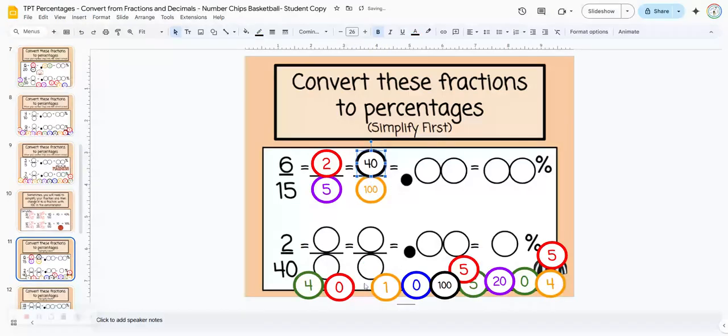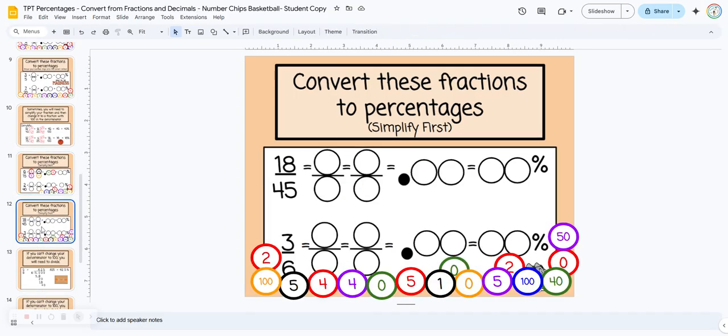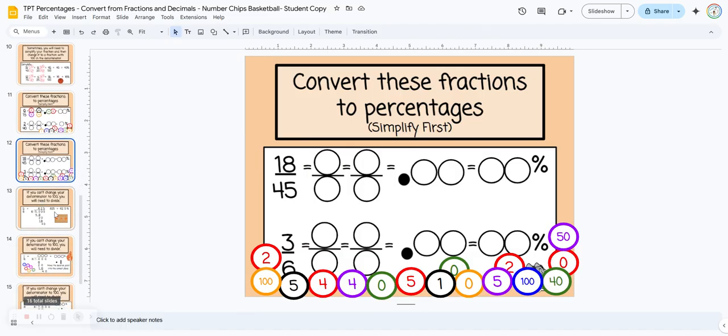Then they have 40 hundredths, which would be 40 hundredths as a decimal, which would be 40%, and so on. Again, this one, they have to simplify first, 1/20th, and then go ahead and convert it to an equivalent fraction with 100 in the denominator. They're going to be doing that on the next slide also.